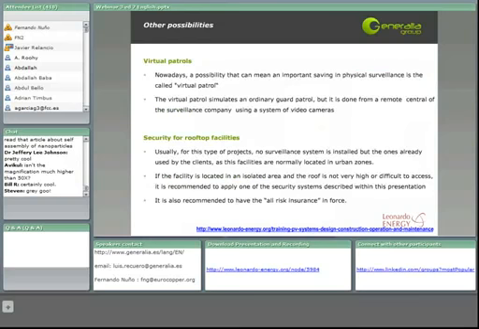Finally, we will end this webinar explaining a new type of system that is being installed nowadays, which is called the virtual patrols.